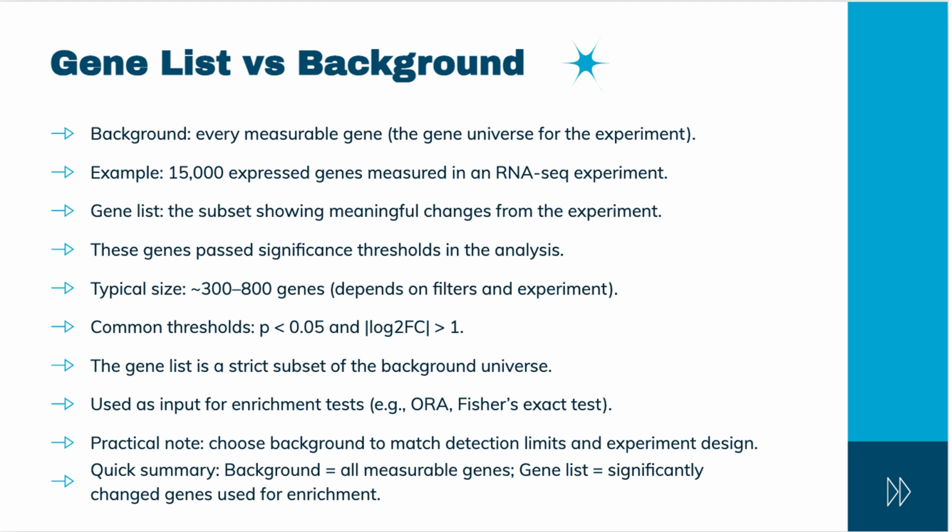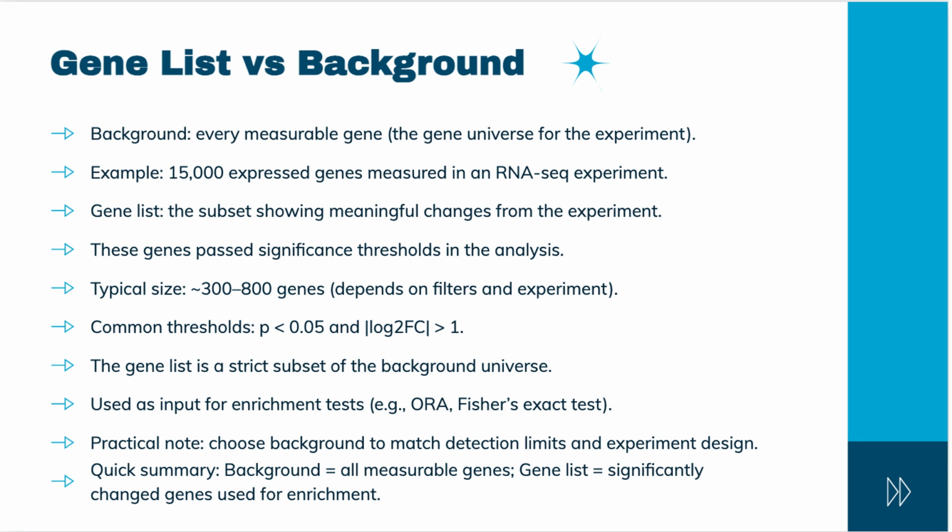So the subsets are the genes that showed meaningful change in our experiment, which we will be extracting by using either p-value thresholds or log 2-fold change thresholds to deduce the subsets from the particular background set.